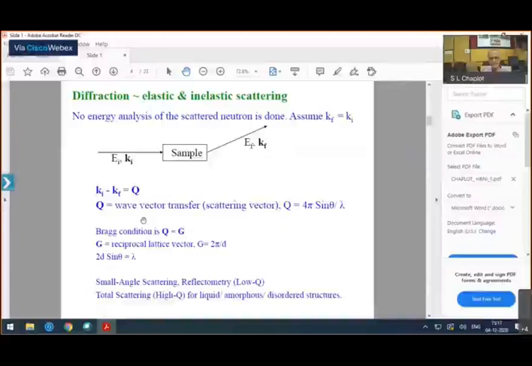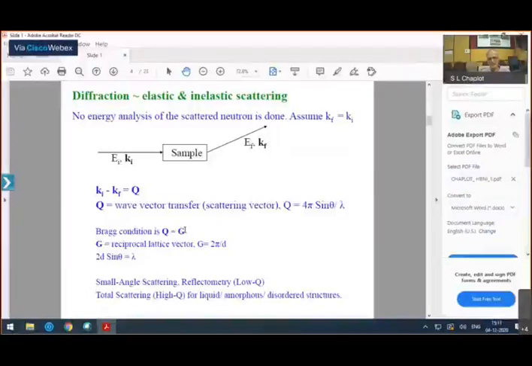And then the famous Bragg condition is nothing but that this wave vector transfer is equal to a reciprocal lattice vector G with some indices HKL.